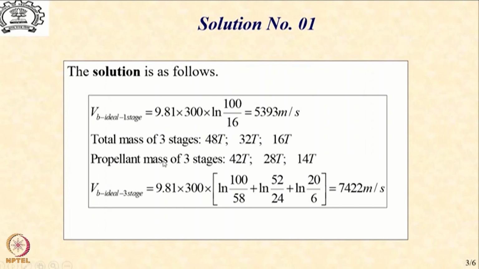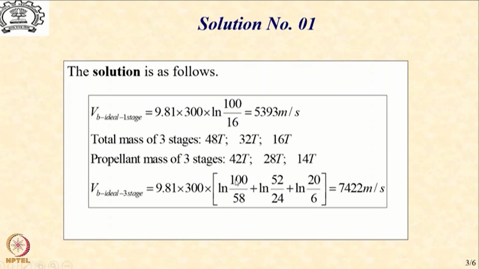Now with this, let us calculate the ideal burnout velocity for the 3-stage operation. So now we get the same 9.81 into 300, but inside now we have 3 terms. The first term corresponds to the burning of propellant in the first stage, which is 42 tons.